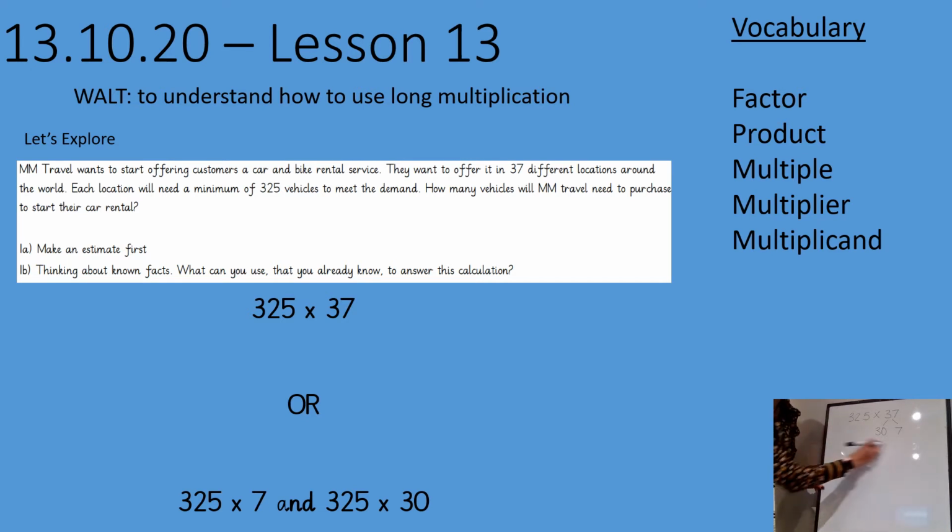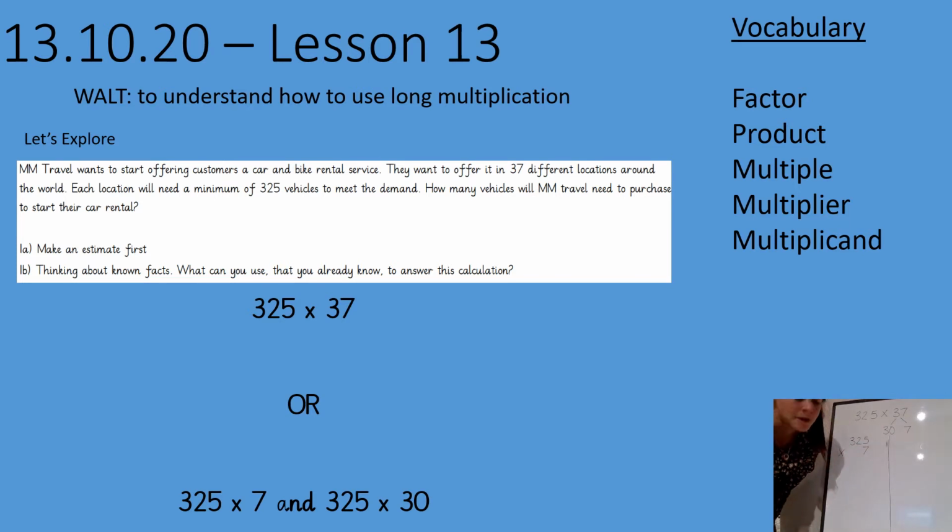Okay, so let's look at 325 multiplied by 37. And today I'm going to do it with both methods alongside each other for those children that are just getting to the point where they want to be able to move to this long multiplication method. So here I've got 325, and we always start in our ones multiplied by 7.